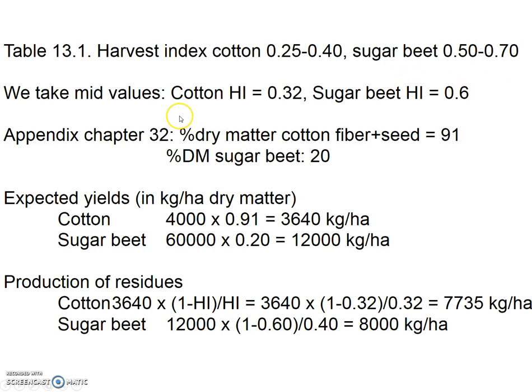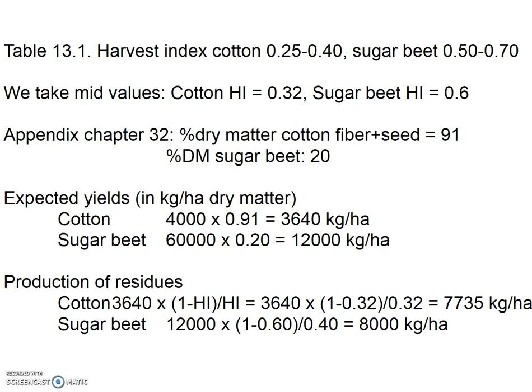We take the mid values: for cotton 0.32, for sugar beet 0.6. We can also find in the appendix of chapter 32 the percent dry matter for different crops. Cotton fiber plus seed has 91% of dry matter, and sugar beet roots have 20% of dry matter.